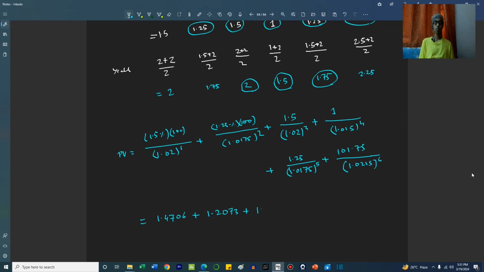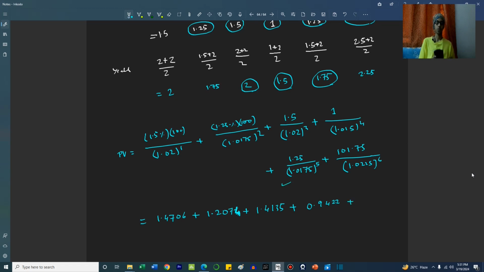This is 1.4135 approximately. This one will be actually 2074, because it is 20737. So if we approximate it, it becomes 2074. 1 divided by 1.015 whole to the power 4. This is 0.9422.